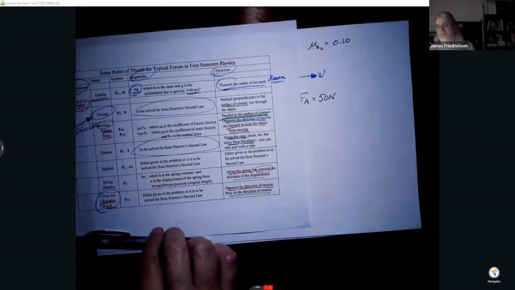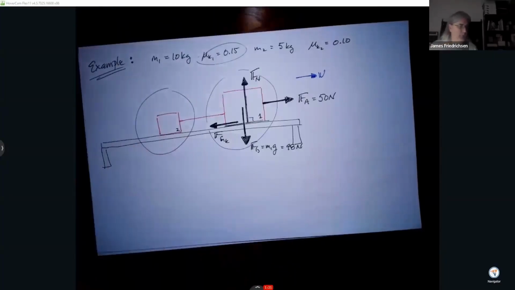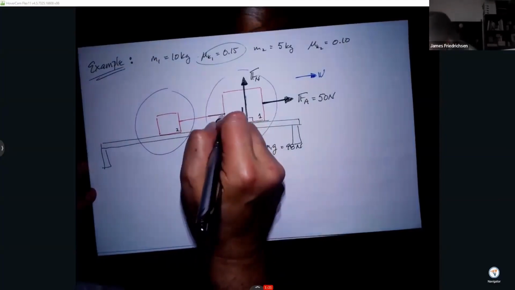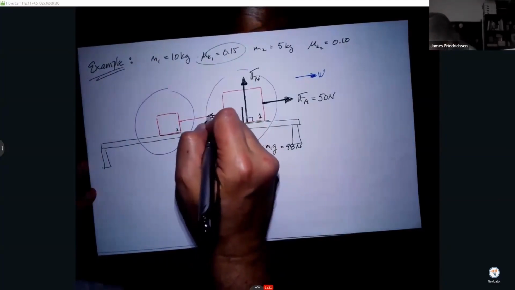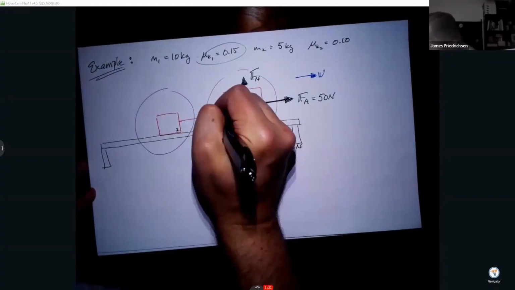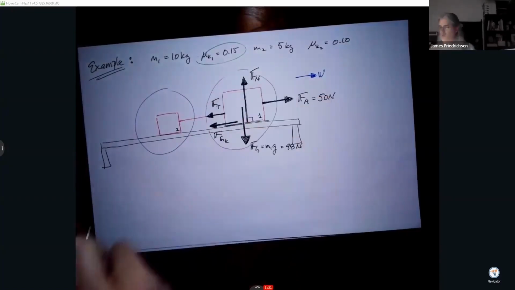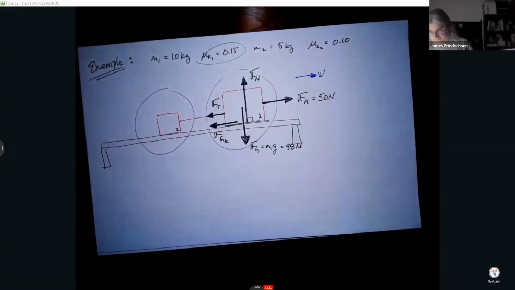And this is because you can only pull with a rope. You can't push. All right. So this will be starting at the object. We're going to go along the rope like this, the force of tension, like so. Okay.